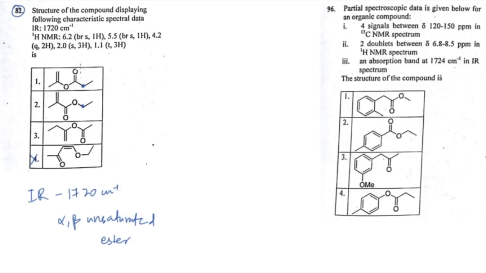So I'll write down the splitting pattern over here. It will give you a singlet. You will have 2 protons over here, and these 2 protons will give different peaks. Why? Because this hydrogen is in the anisotropy of this carbonyl, so this proton and this proton will show different NMR peaks.